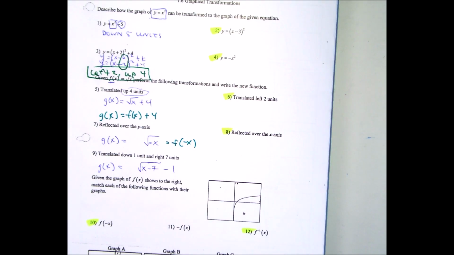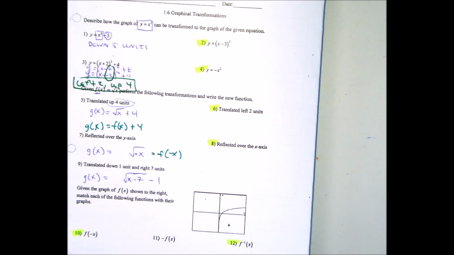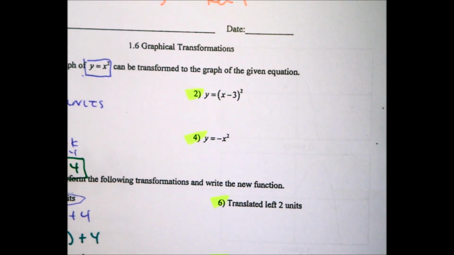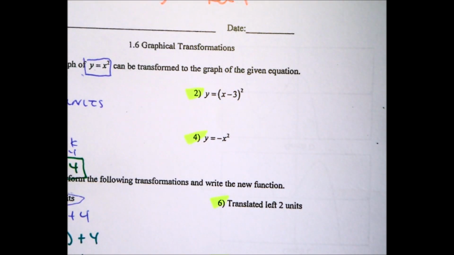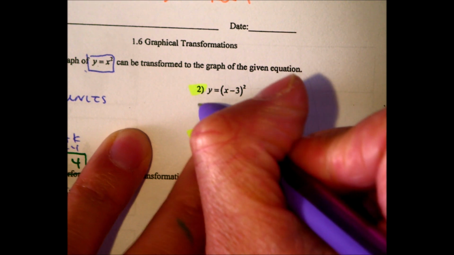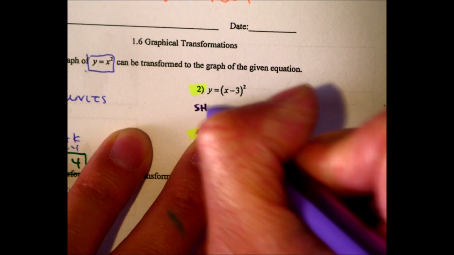Alright, let's go to this. Number 2, our special winner is Jocelyn. What did you write for number 2? Right or shifted.